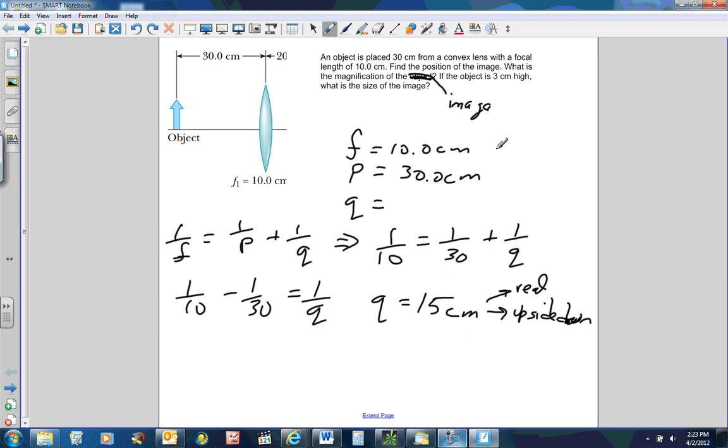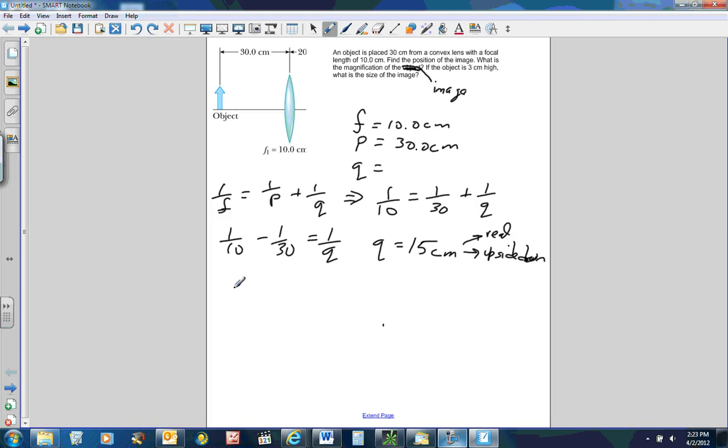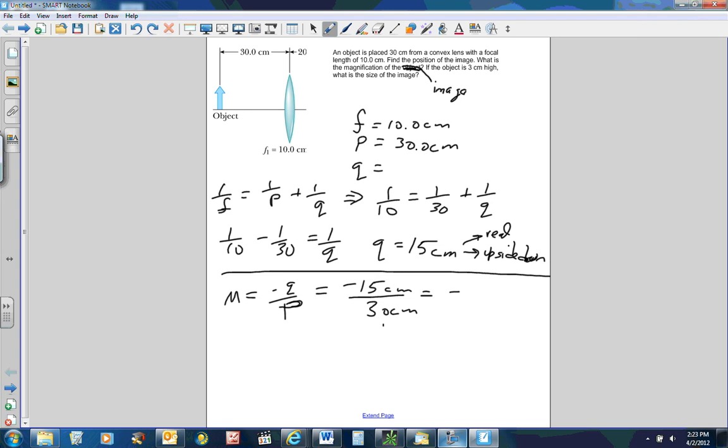And then the second part of the question is, what's the magnification? So the second part is magnification equals negative Q over P. And so that's going to be negative 15 centimeters divided by 30 centimeters, and that's going to be negative 2. That means that the image is twice as big as the object.